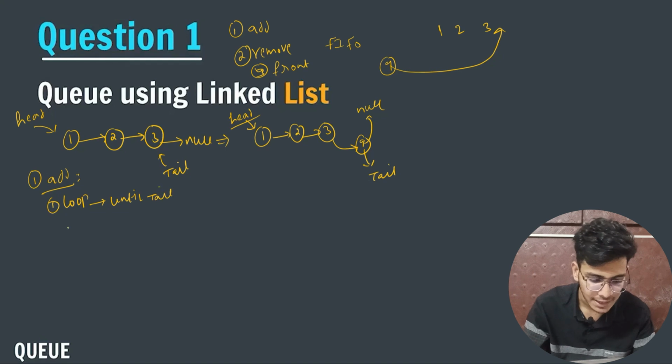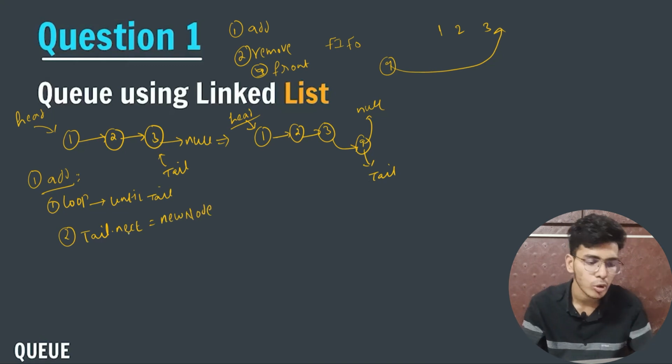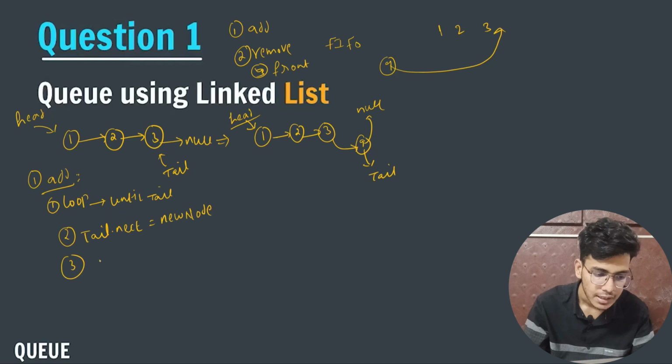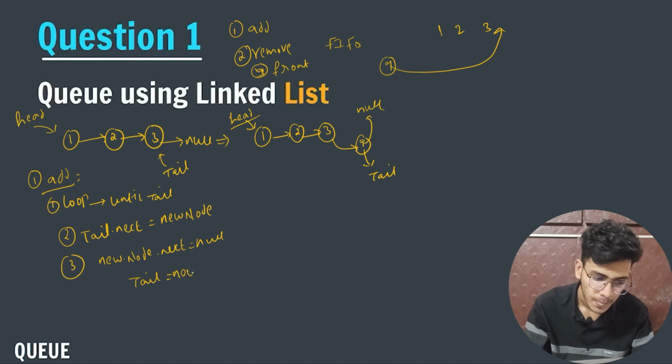When I get my tail, I will set tail.next equal to my new element, or in this case, the new node. After that, the third step is that newNode.next will point to null, and then my tail value will become my new node. So this is the 3-step process.